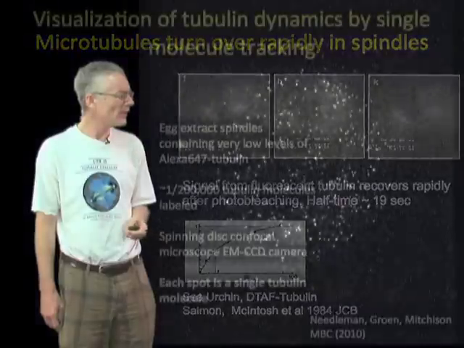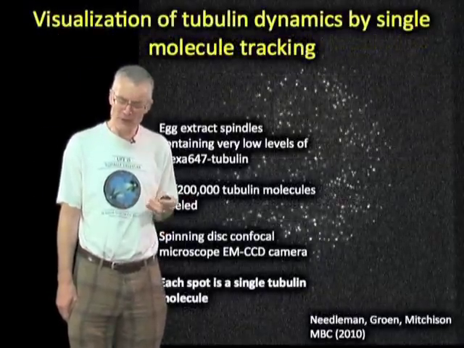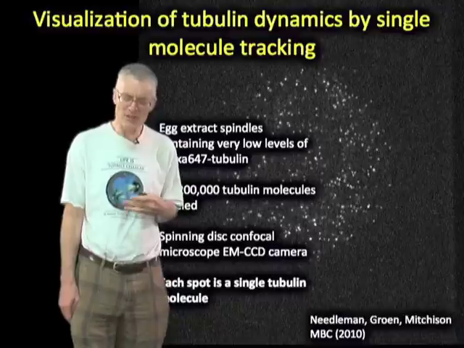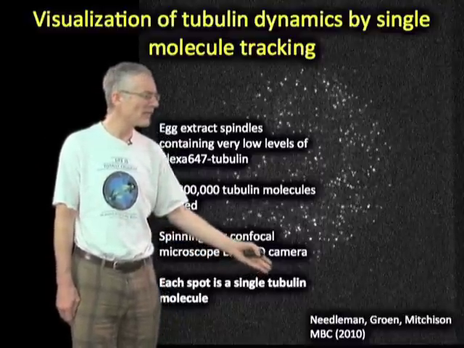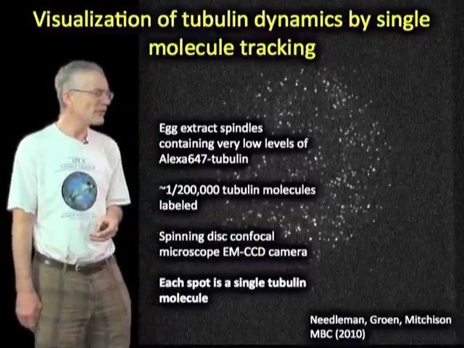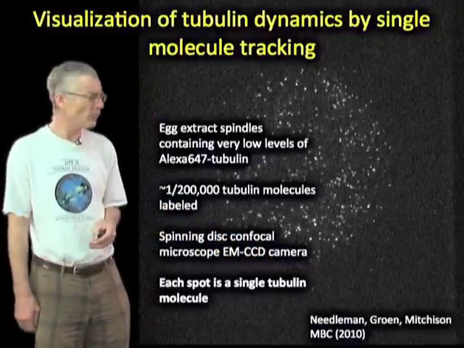I've spent a long time, and my co-workers, studying microtubule behavior in spindles. I'll show you one recent experiment done by Dan Needleman and Aaron Groen, which is single molecule imaging. So imaging has come a long way since that 1984 paper.